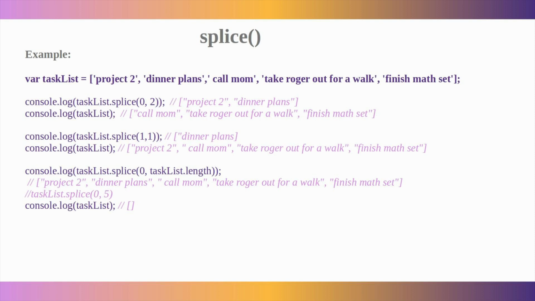We could have just used the number 5 as the number of items to remove, since only 5 items are present in our list. But tasklist.length will make our code more flexible, as we could choose to add up to 100 items in our task list array, and tasklist.length would work just as well.